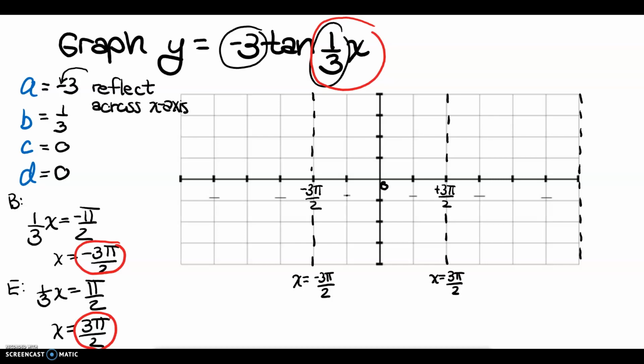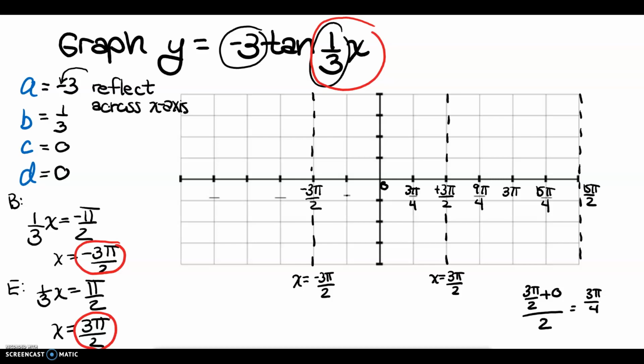Well, let's find the midpoint here. If I say 3 pi over 2 plus 0 and then divide that by 2, I get 3 pi over 4, so that's the midpoint here. So every mark is going to be 3 pi over 4 distance. 3 pi over 4, 6 pi over 4, 9 pi over 4, 12 pi over 4 reduces to 3 pi, 15 pi over 4, 30 pi over 4 reduces to 15 pi over 2.